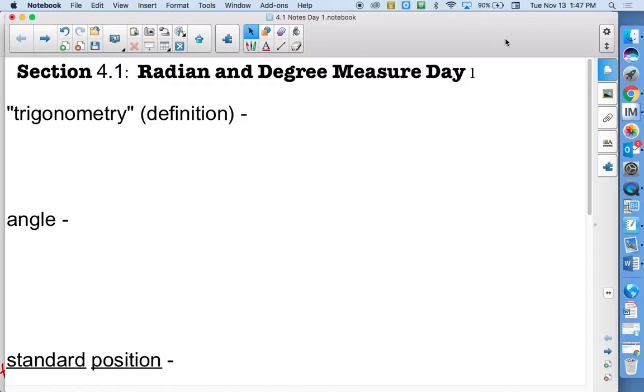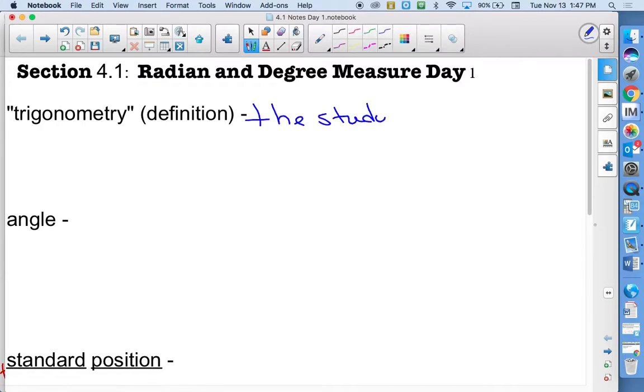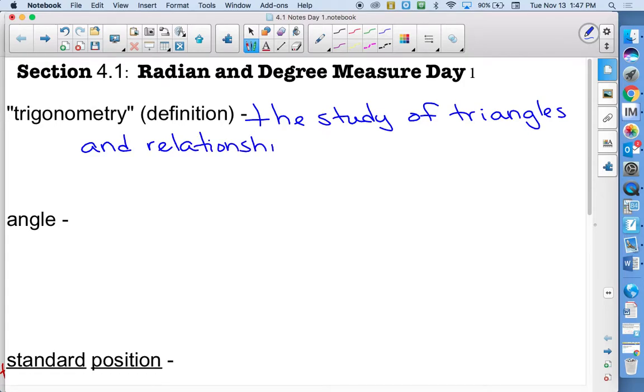So the first term up here is trigonometry, which is literally the study of triangles, and the relationship of the sides and angles of those triangles. Trig is used in navigation, aviation, astronomy, and engineering.